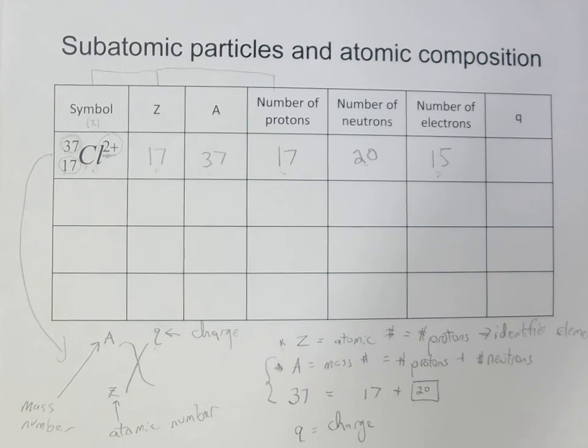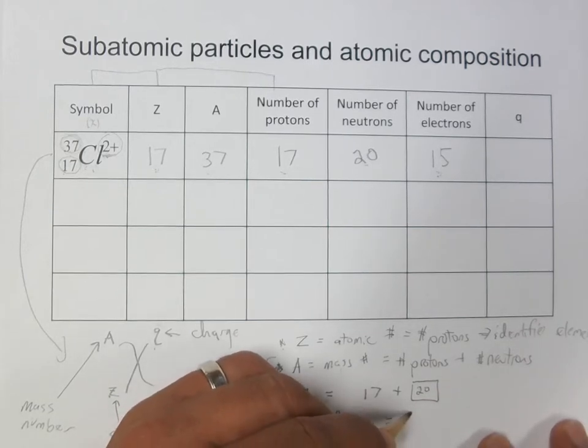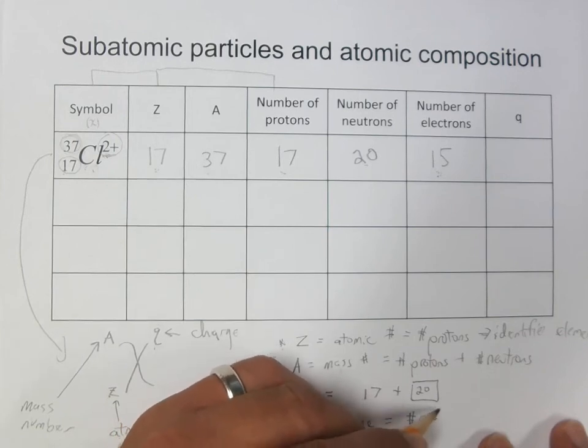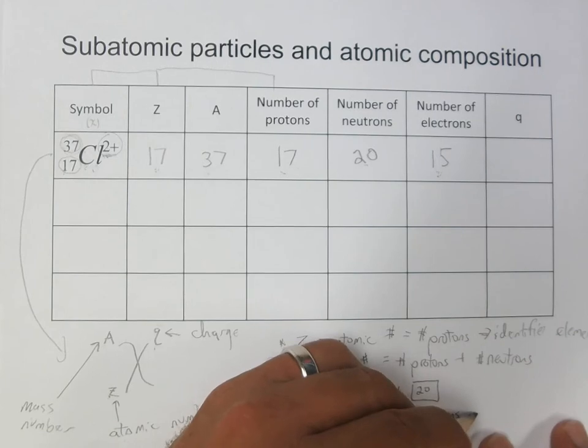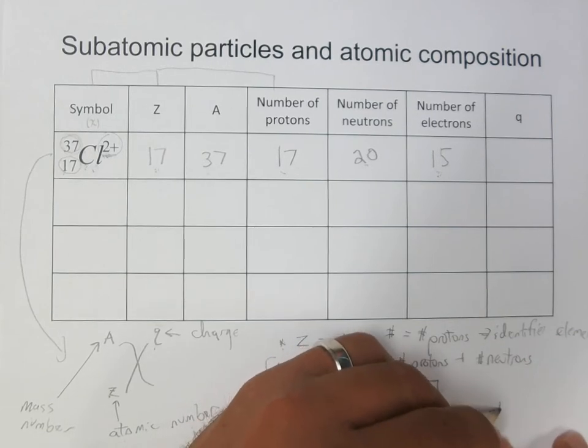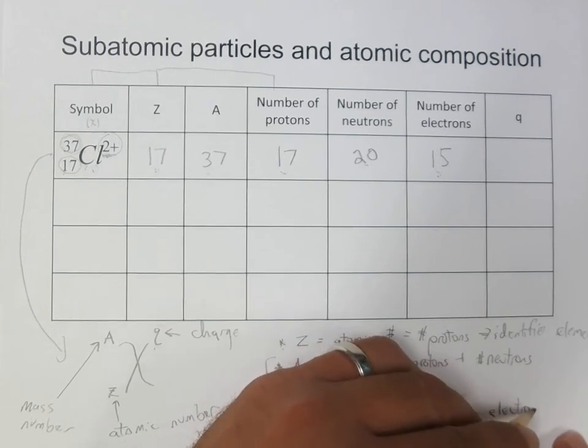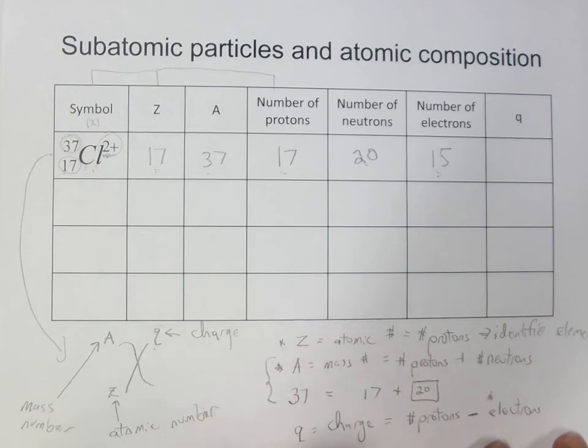And if we want this to mathematically work out, you're going to have a plus charge for every proton, so you add up the number of protons, and a negative charge for every electron, so you subtract off the number of electrons, and number of protons minus number of electrons will give you the right sign and the right magnitude on the charge.